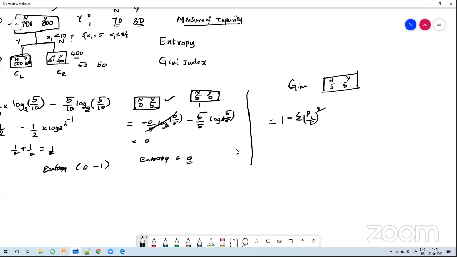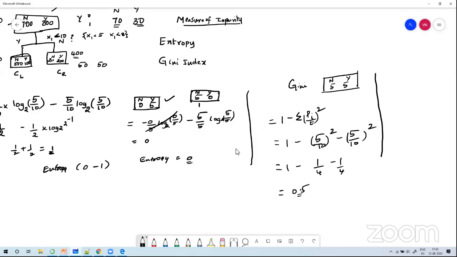Now let's see what is the Gini value for this particular node. 1 minus 5 by 10 whole square minus 5 by 10 whole square. So this is 1 minus 1 by 4 minus 1 by 4, 0.5. So for a perfectly impure node, Gini is taking a value of 0.5.